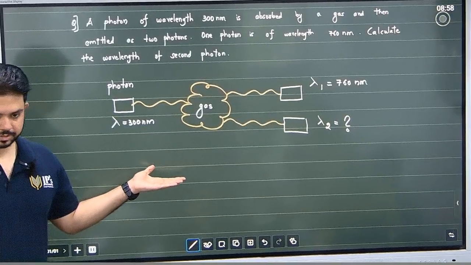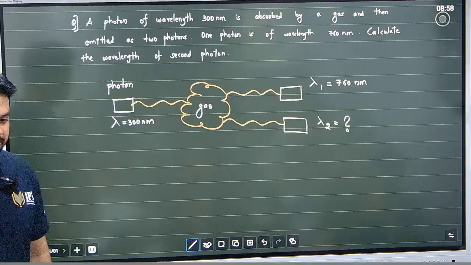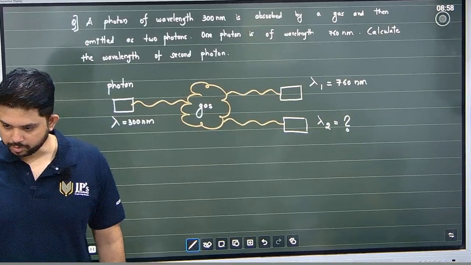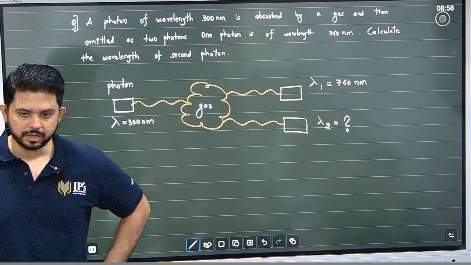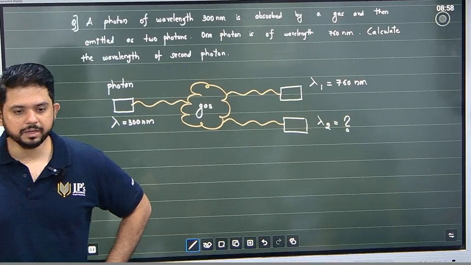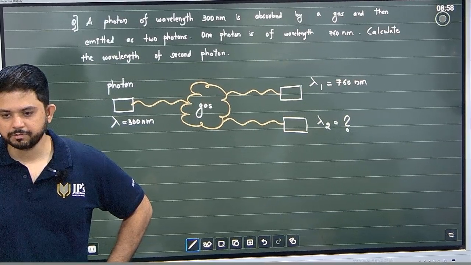Any doubts? Now what we use here, people, is the law of conservation of energy. Can anyone tell me what is the law of conservation of energy? Energy can neither be created nor destroyed, but can be converted from one form to the other.